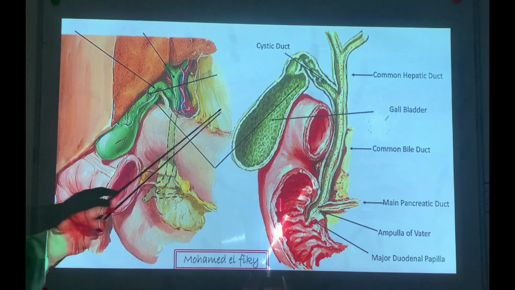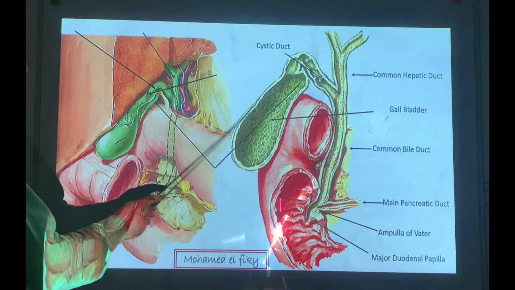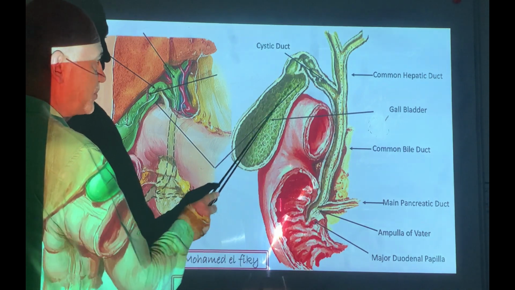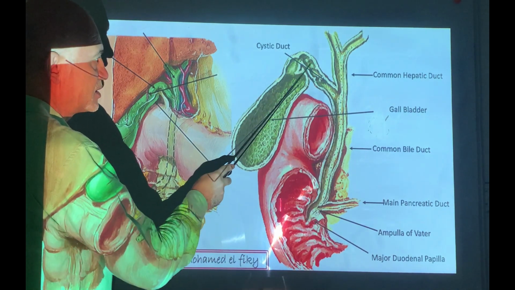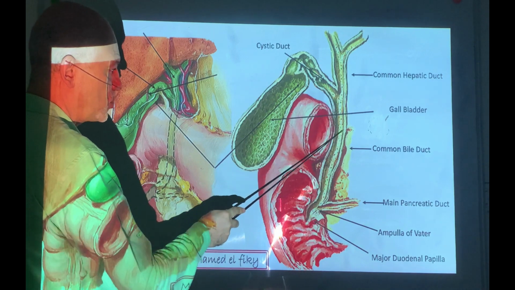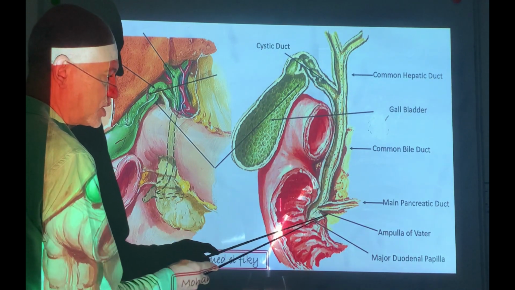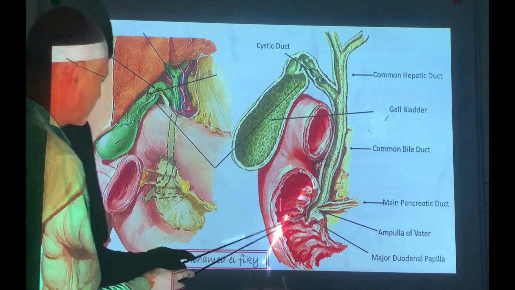Again, this is the gallbladder, and this is Hartmann's pouch. This is the neck. This is the cystic duct, and the common bile duct with the main pancreatic duct forms the ampulla of Vater and opens in the second part of the duodenum.